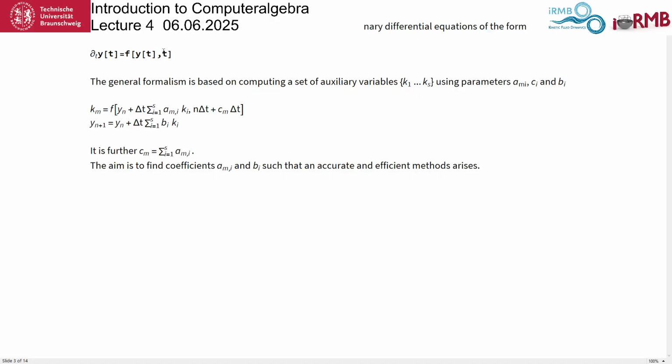They solve this sort of problem where we have a time derivative of a dependent variable y. So it's dependent on t, and this is given as a function of y and t, where this function is not a function of any derivatives of y.